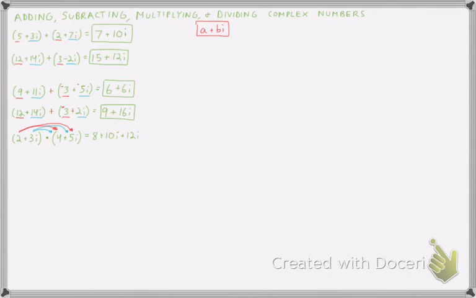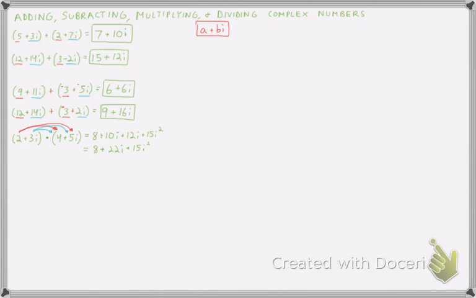And we get 3i times 5i, which is plus 15i squared. We then want to combine like terms, so we get 8 plus 22i plus 15i squared.